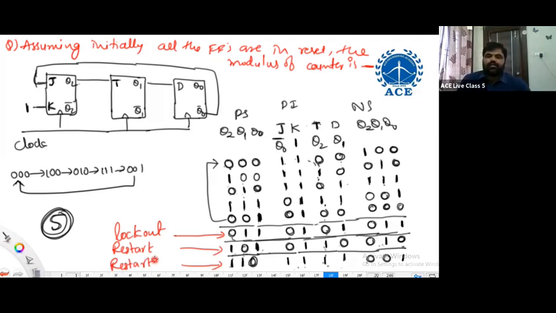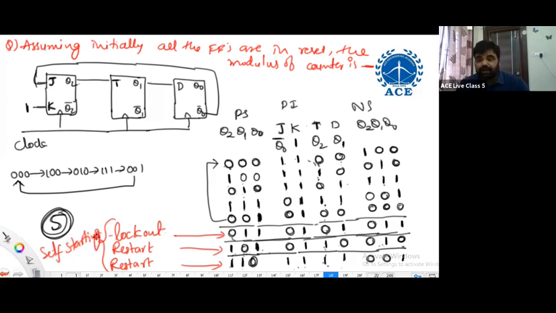Right. What is lockout? If counter is going through unused states only, it is called lockout. If counter is coming back to used state, then it is called restart. And one more word is there about counters. What is it here? For each and every unused state, if you are observing there is a restart, instead of lockout, then we can say it is self-starting.